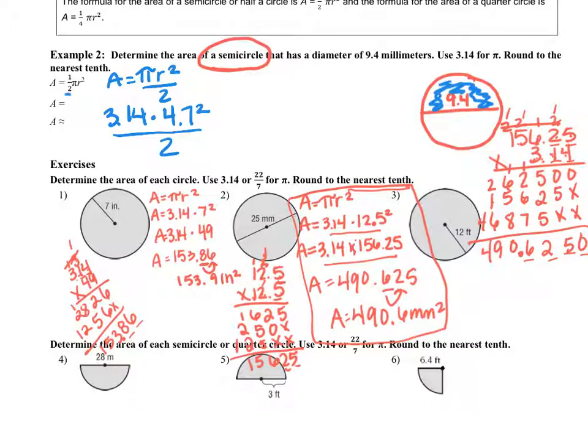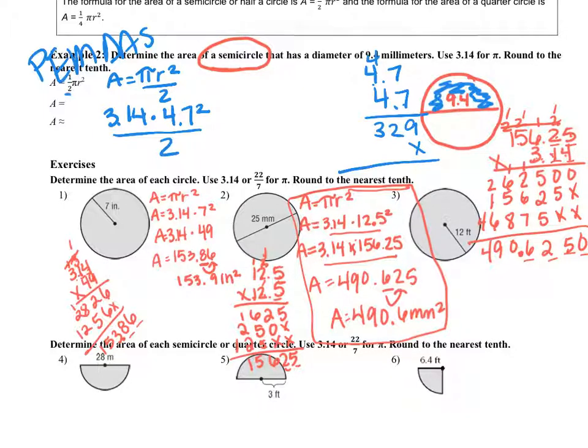So what is our first order of operations? I didn't write that up there, but on these kinds of problems, we follow order of operations. Is there parentheses? No. So next is exponents. Are there exponents? Yes, we do that first. So we do 4.7 times 4.7. 7 times 7 is 49, write 9, carry your 4. 7 times 4 is 28, plus 4 is 32.